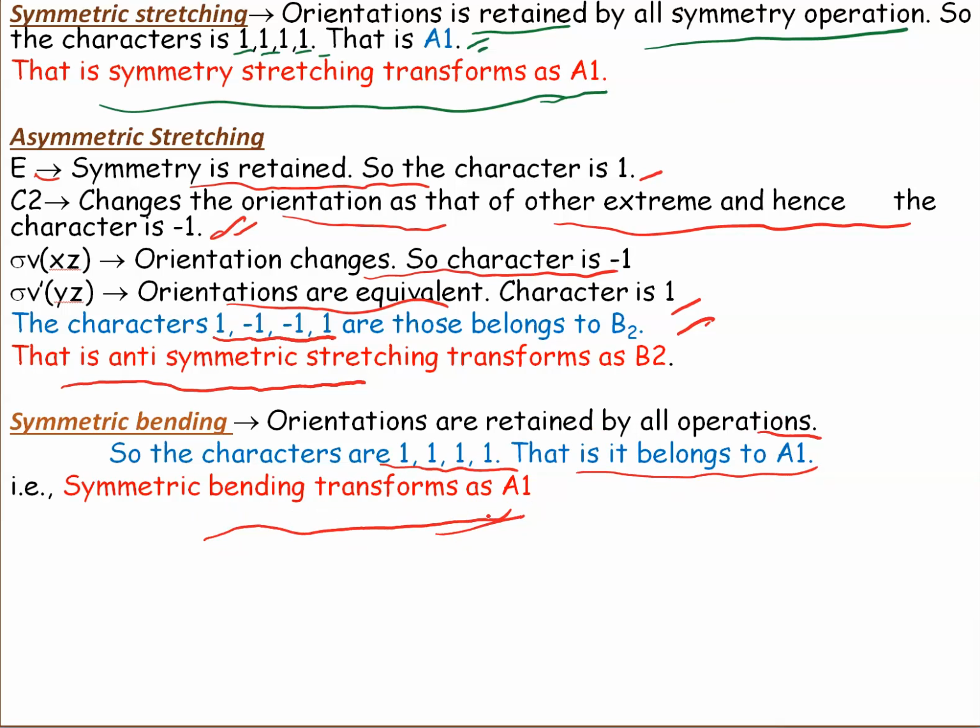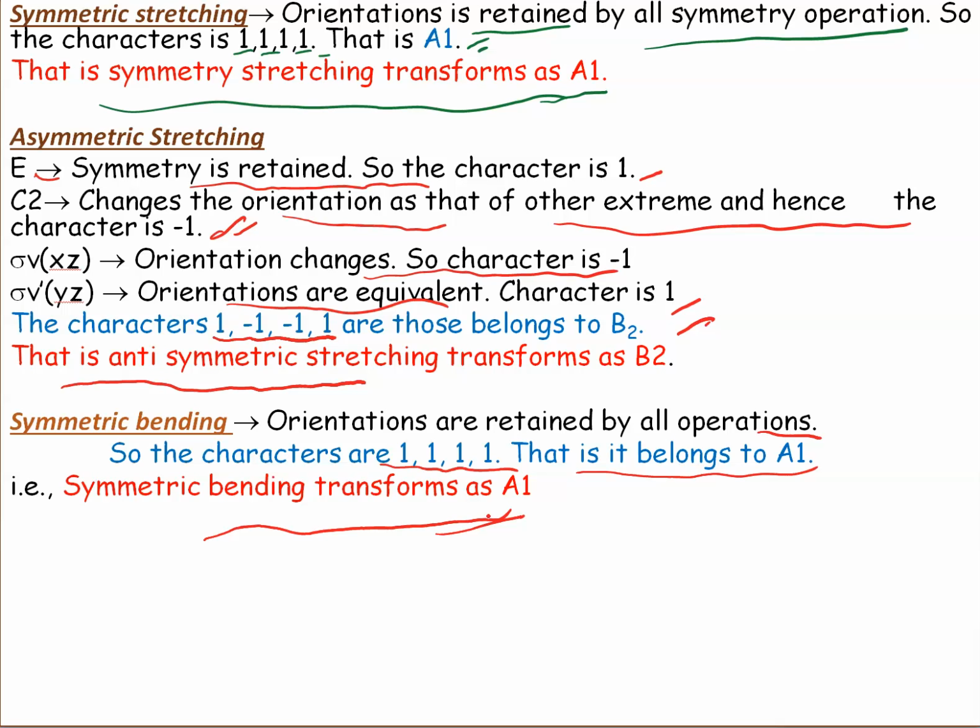I am concluding. First, we have constructed the total character by applying Cartesian coordinates on all the atoms. Then we get a reducible representation, and that is the basis for 3N degrees of freedom. Now it is reduced into irreducible representations.